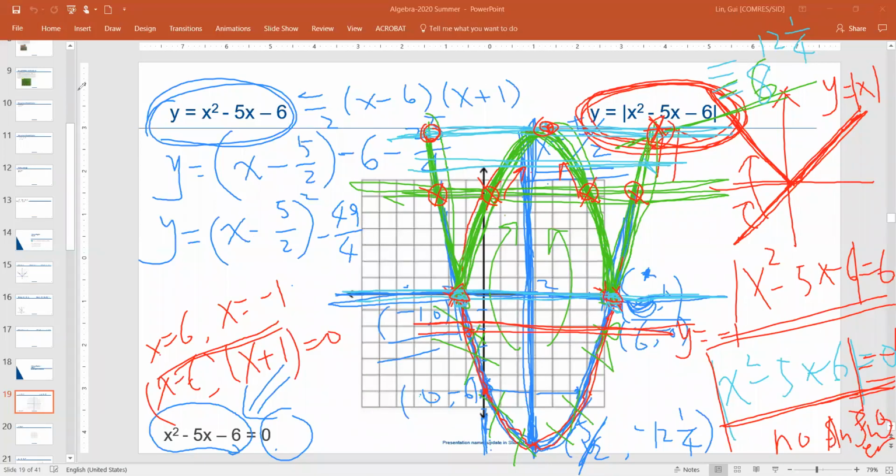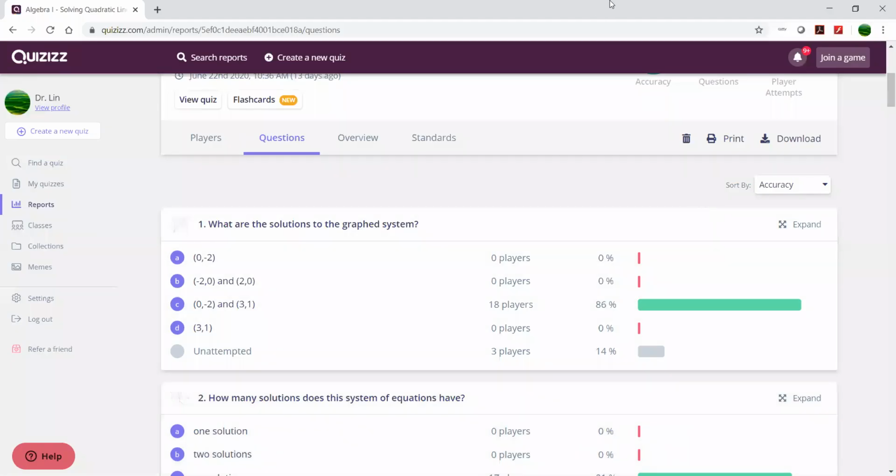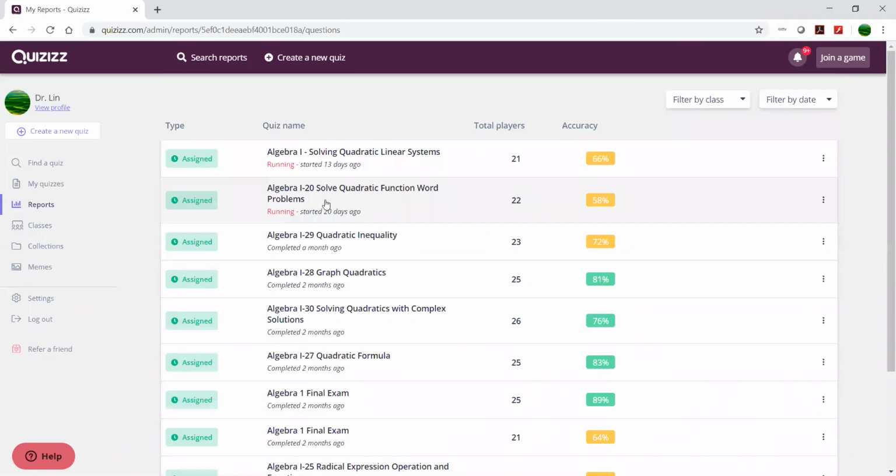So that's the part we earlier talked about. When we do the linear line in graphing, when we have a parabola and linear line system, you may have done the homework already. Let me go back to see the homework part. We say solving quadratic linear system.